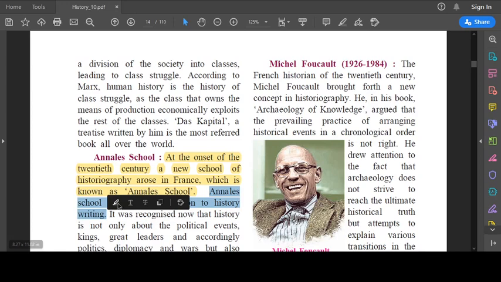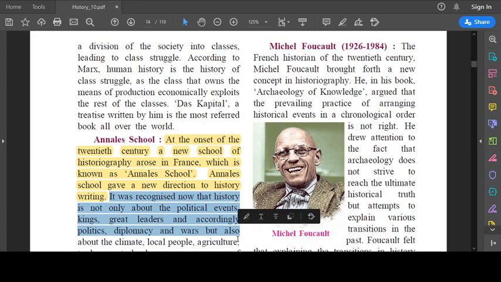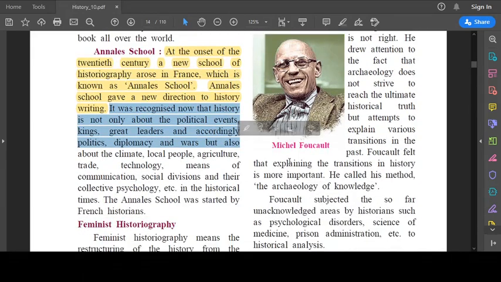Second, Annales School gave a new direction to history writing. Second point. Then third one, it was recognized now that history is not only about political events, kings, leaders, politics, diplomacy and wars, but also about the climate, local people, agriculture, trade, means of communication, social divisions, in their collective psychology, etc. in the historical times.